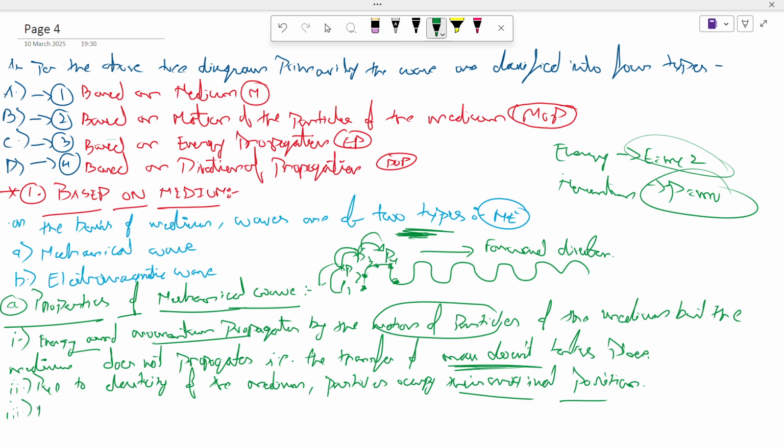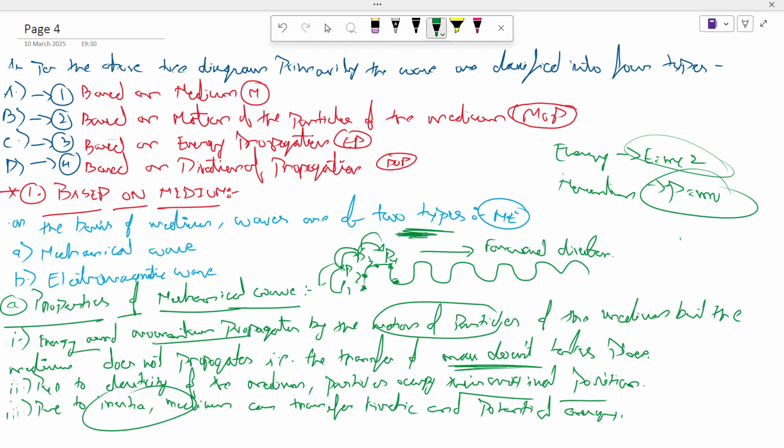So third but not the least, due to inertia, the medium can transfer kinetic energy, or you can say kinetic and potential energy both.